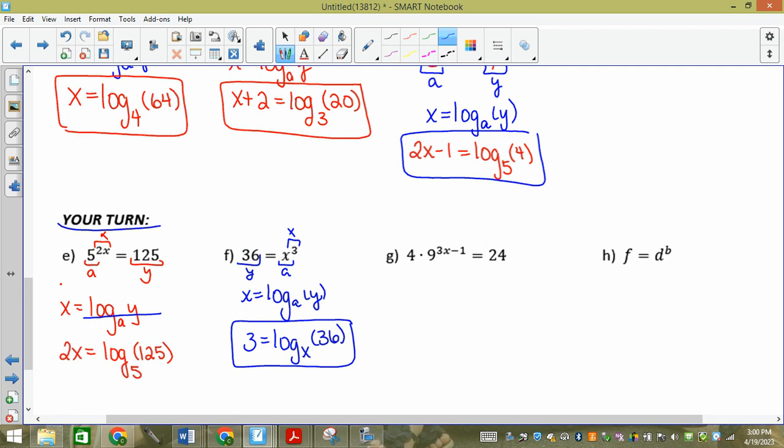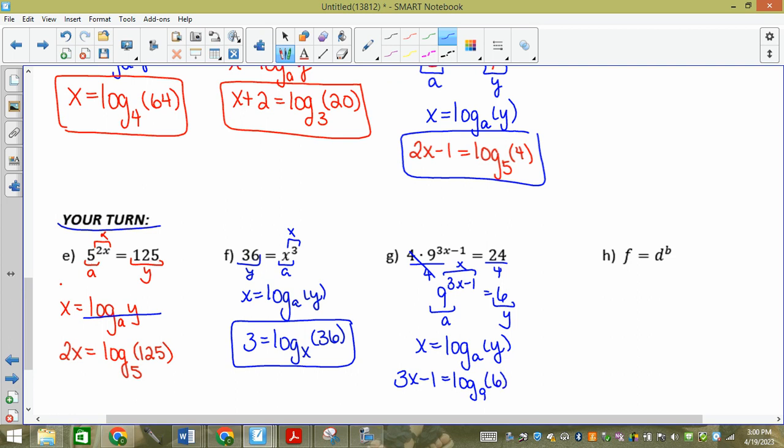This one we have to divide the 4 over. So we get 9 to the 3x minus 1 equals 6. Then you line them up. A, x, y, x equals log base a of y. So we're going to get 3x minus 1 equals log base 9 of 6.